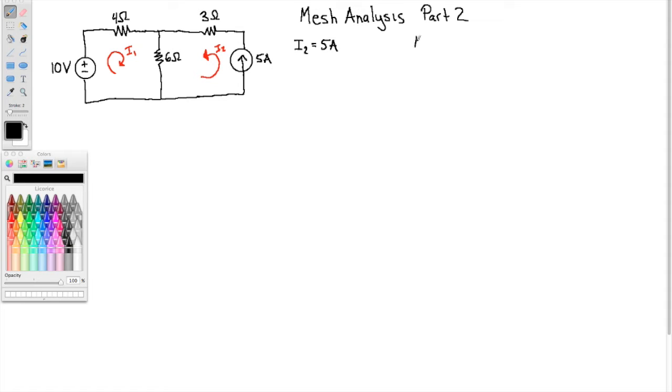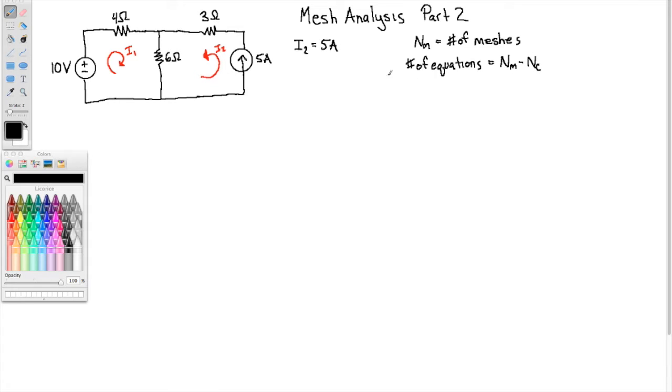If we have nm meshes, then the number of equations we're going to need, and the number of unknowns, because we have to have the same number of unknowns as we do equations, is equal to the number of meshes minus the number of current sources.